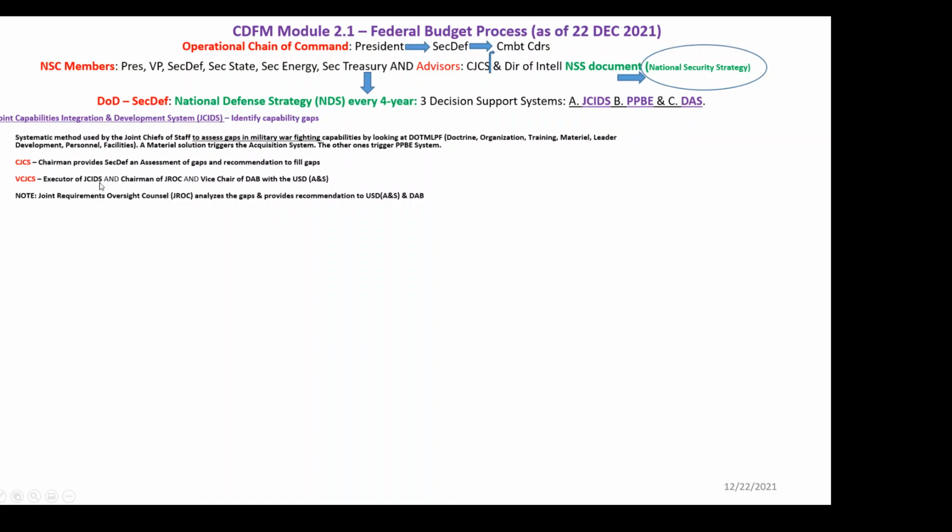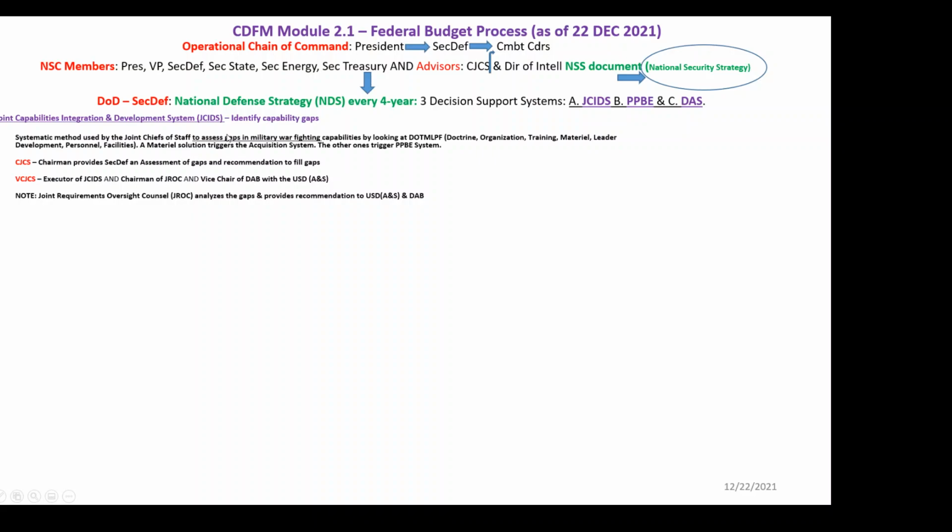The various Joint Staff members, Army, Navy, Air Force, Marines, are represented on the JROC, the Joint Requirements Oversight Council. So they represent the warfighter.